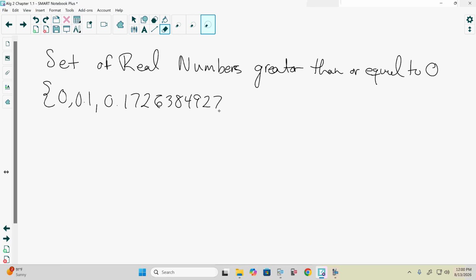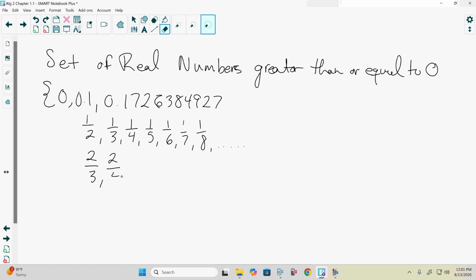I could also have 1/2, 1/3, 1/4, 1/5, 1/6, 1/7, 1/8. Those would all be greater than 0, yes? How about 2/3?